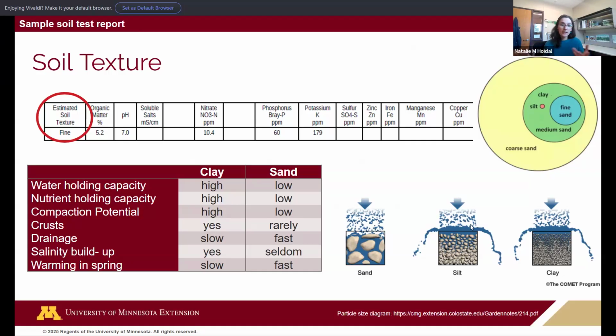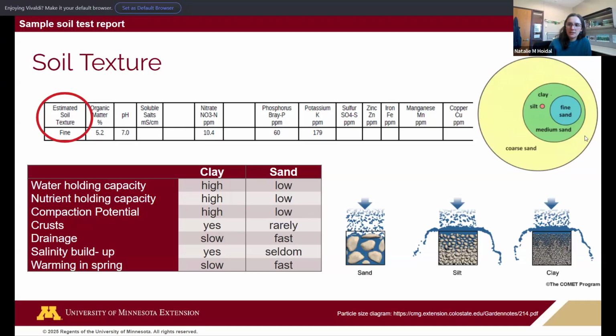And basically, soil is made up of mineral matter, air, water, and organic matter. The mineral matter is just kind of ground up rocks, and those rocks are different sizes. Sand is the largest size. You've got coarse sand. On the right here, we have these concentric circles.